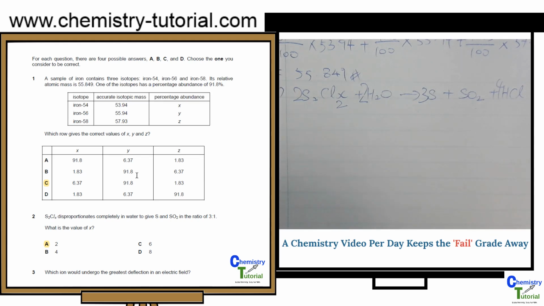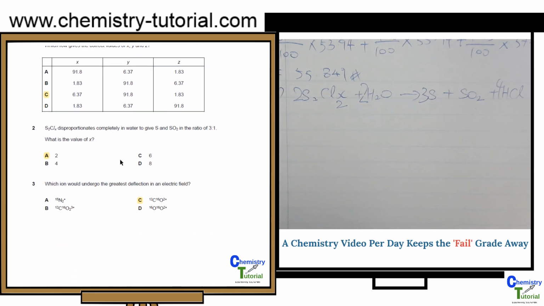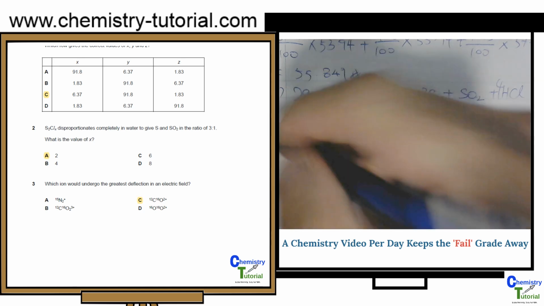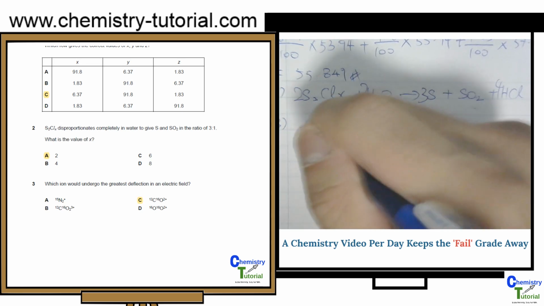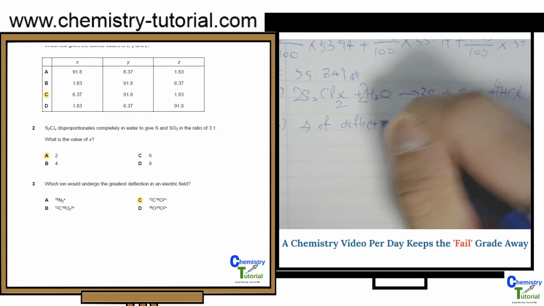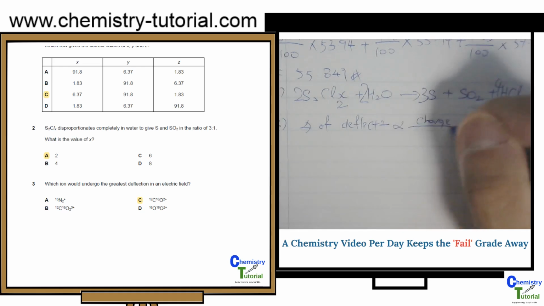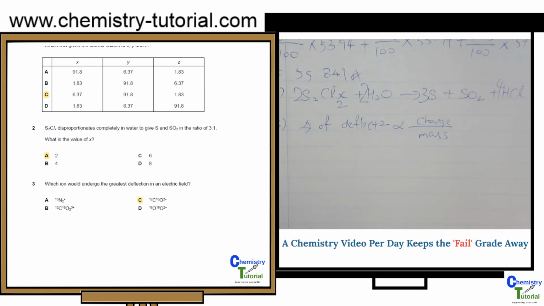For question 3, which ion would undergo the greatest deflection in the electric field? Now, the angle of deflection is proportional to charge over the mass.